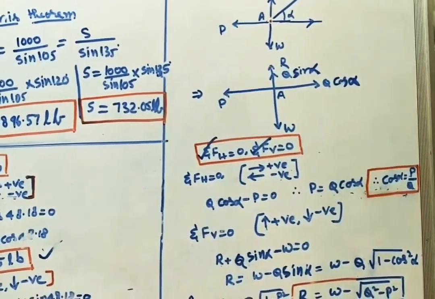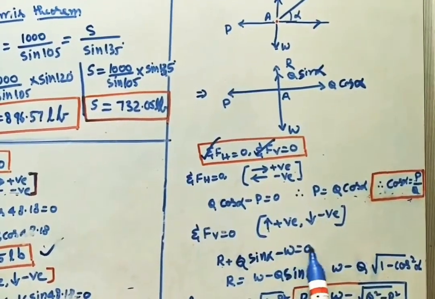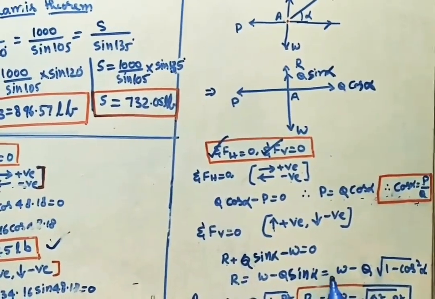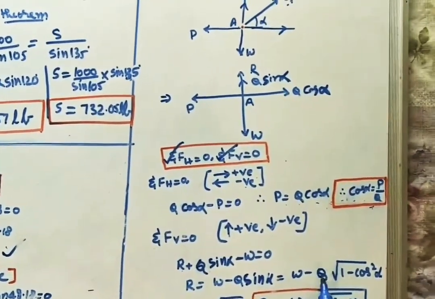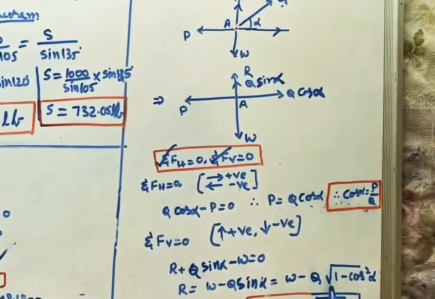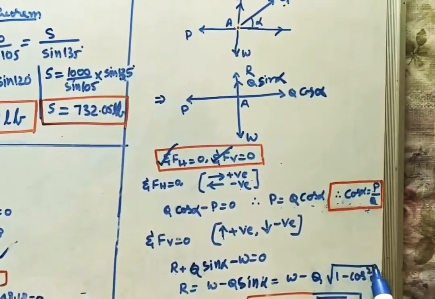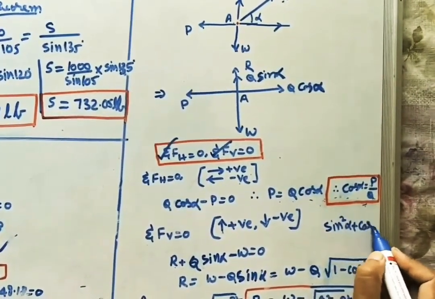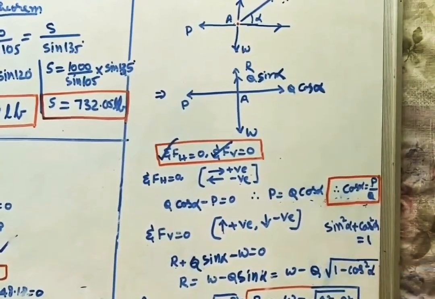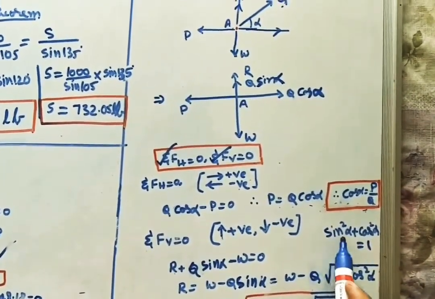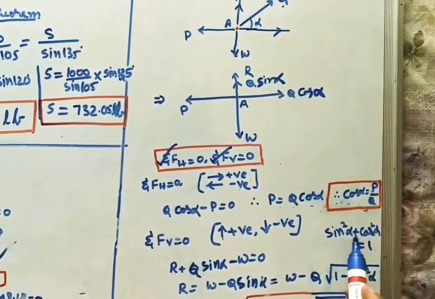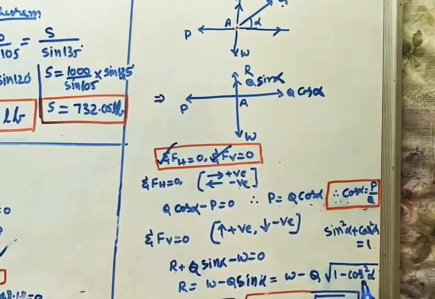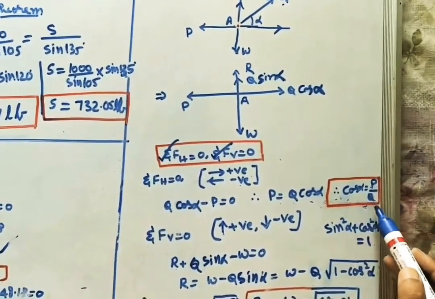So from this R is equal to W minus Q sin alpha, which is W minus Q into sin alpha. We can write sin alpha as root of 1 minus cos square alpha, because sin square alpha plus cos square alpha is 1. We don't know the sin value, so sin alpha means root of 1 minus cos square alpha. We write this because we know cos alpha is P by Q.